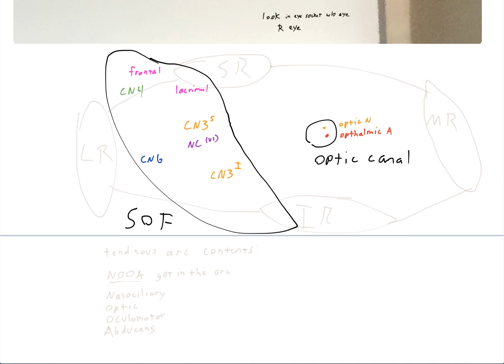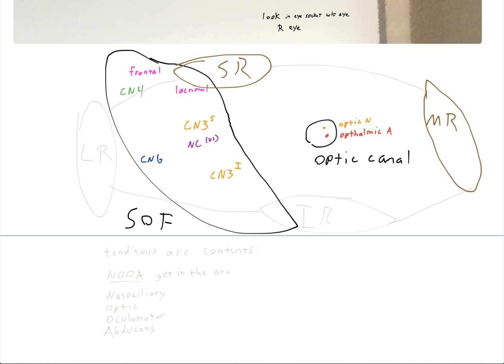Okay? And going through that ring has a name. It's called the common tendinous ring. You've got to know what goes through the common tendinous ring.